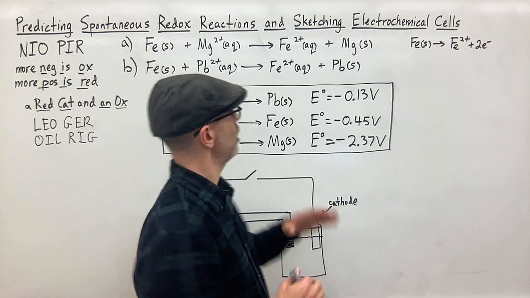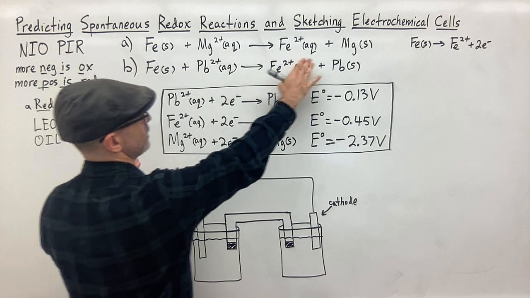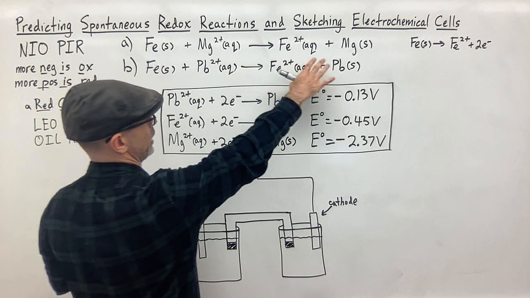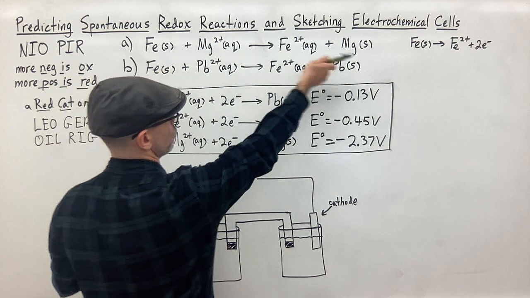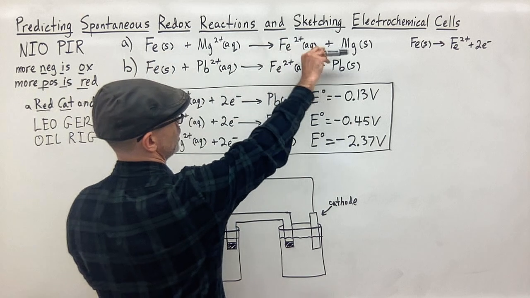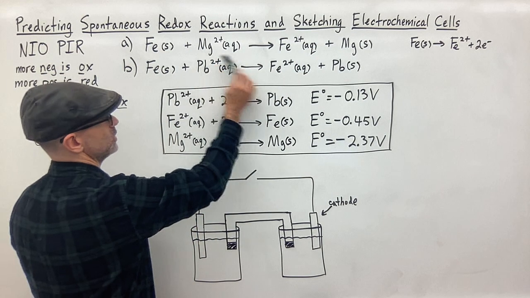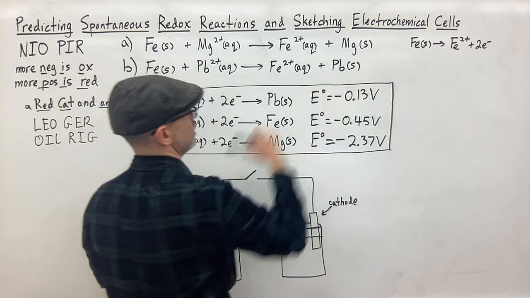So that's one thing that's going on, merely looking at the equation based on how it's written. We want it to go this way. And the question is, is it going to spontaneously go this way? In this case, magnesium 2 plus is becoming magnesium.